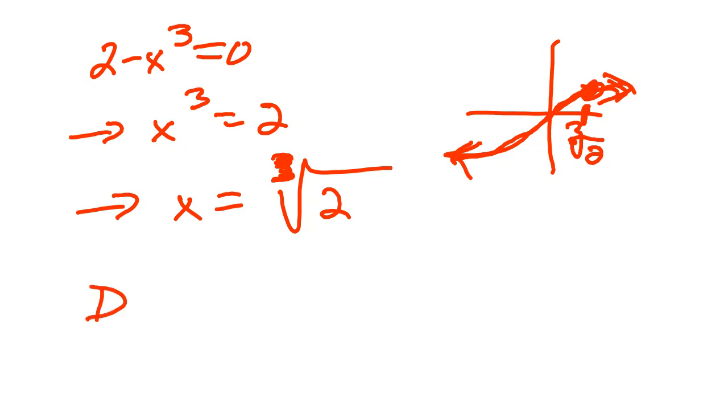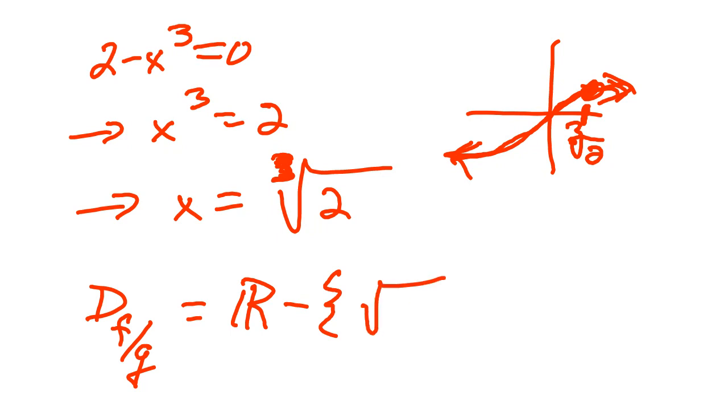So anyway, we could also say the domain of f over g is the set of all reals excluding, so sometimes when you only eliminate a few of them, I like to just list out the ones that we exclude.